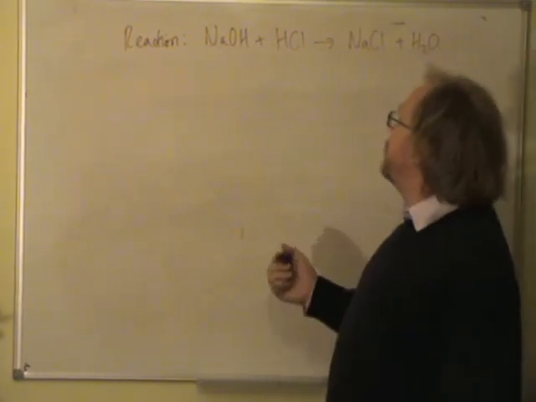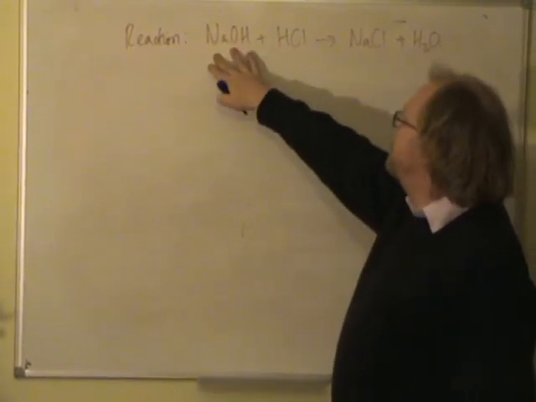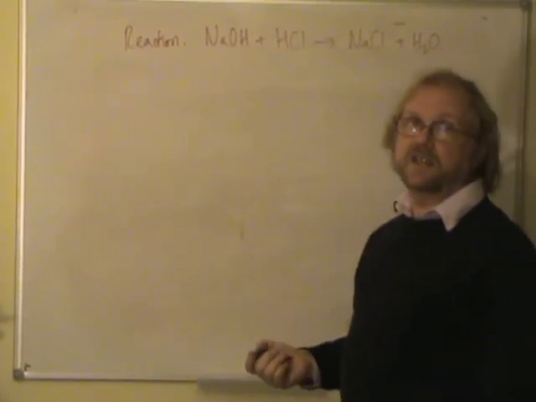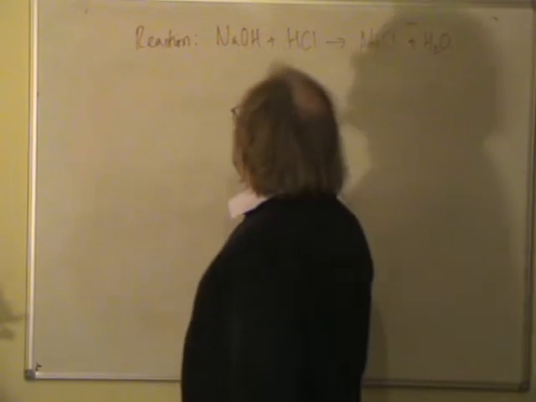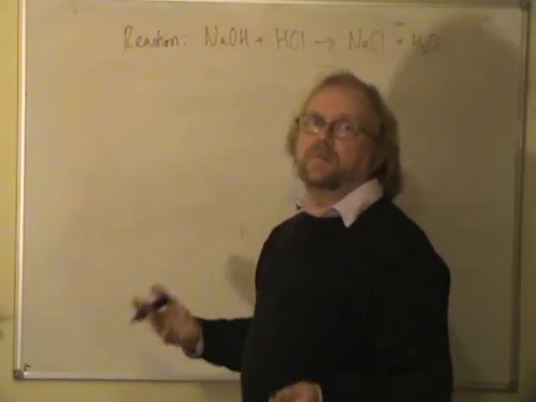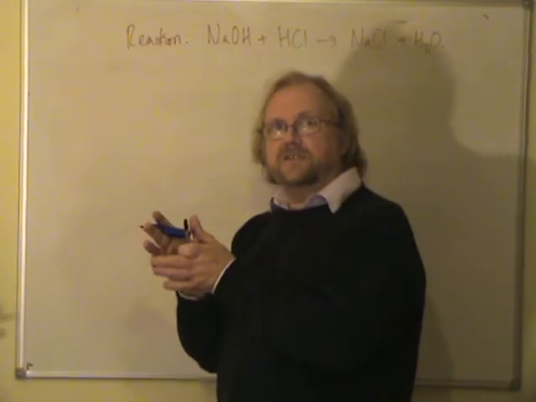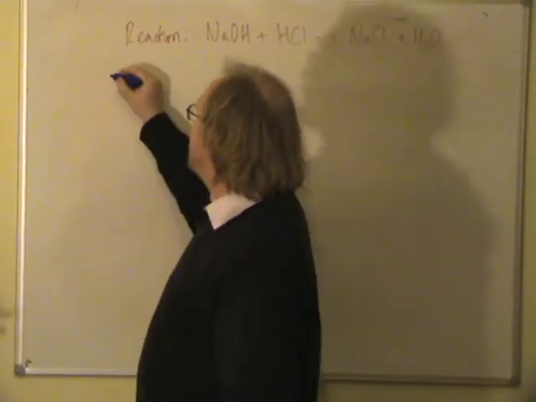So what are we going to do? Well, we're going to have to add a known number of moles of that to a known number of moles of that and measure the temperature change. To do that, we're going to do it in solution, so let's choose a volume, choose a concentration, and say that's what we're going to take.